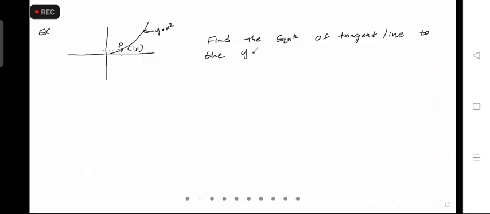The function, at the point 1. So this is the problem. So how?